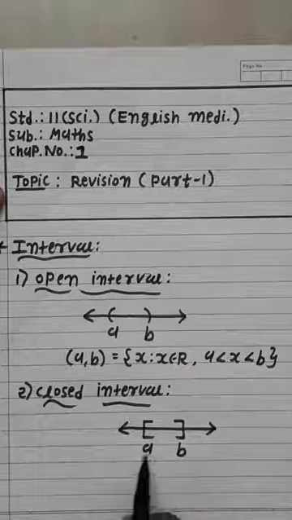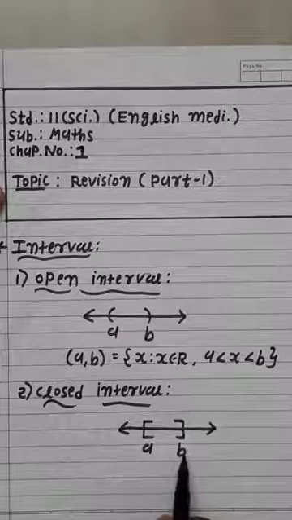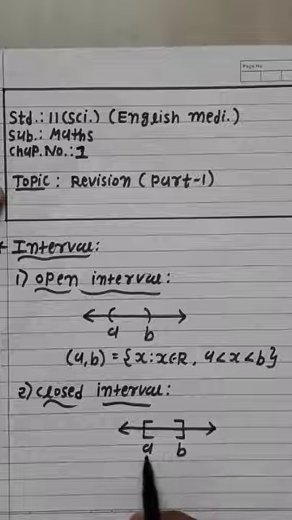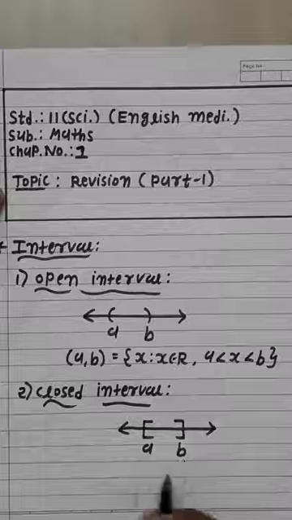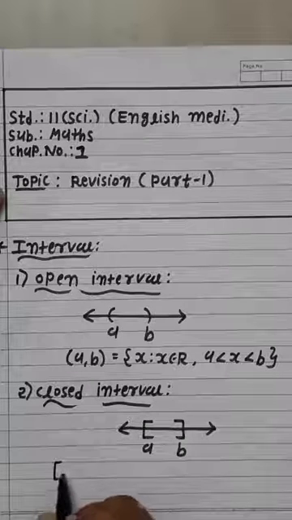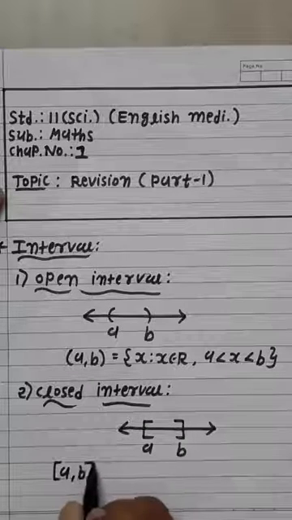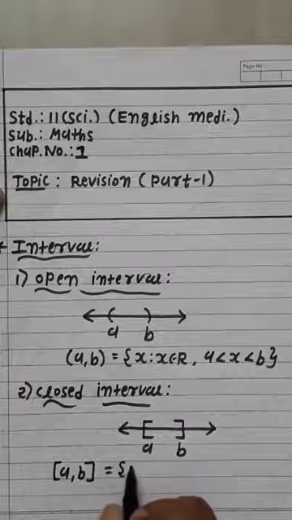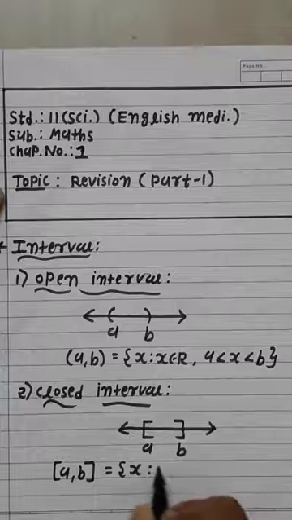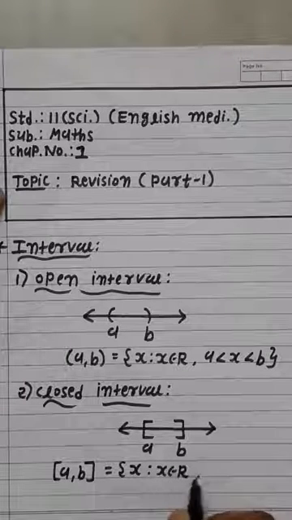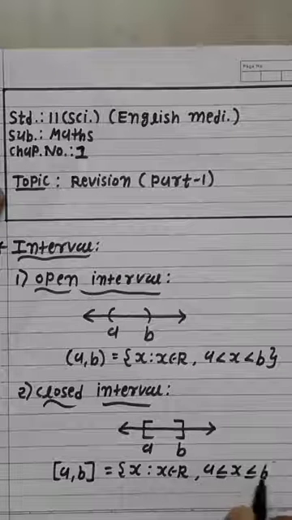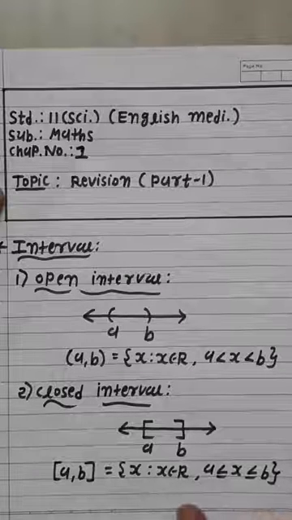Closed interval [a, b] means all the values between a and b, and we can also include a and also include b. Symbolically, closed interval [a, b] is equal to the set of x, where x belongs to R, comma, a less than or equal to x less than or equal to b, set over.